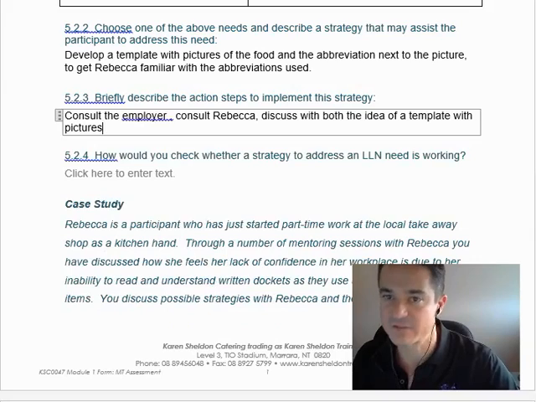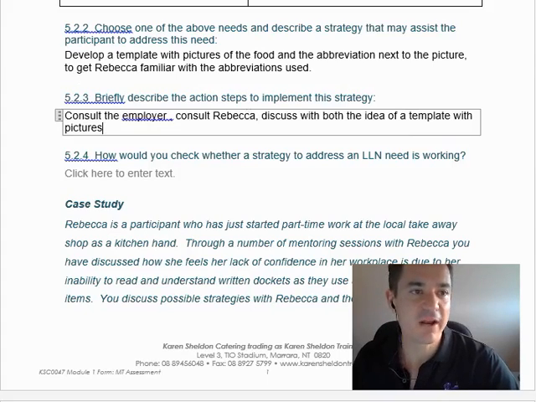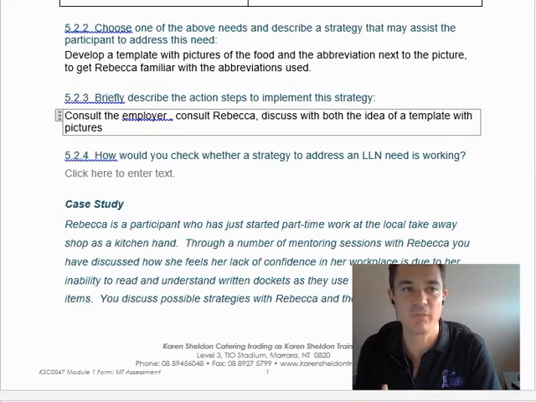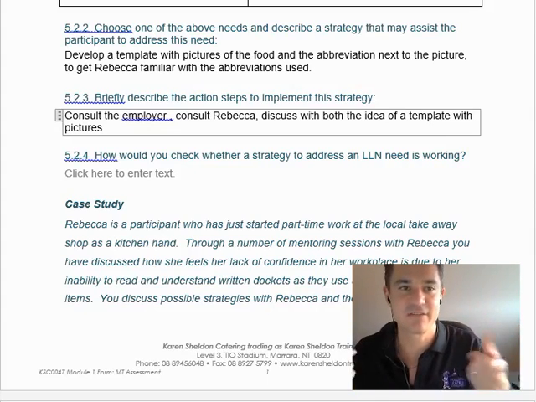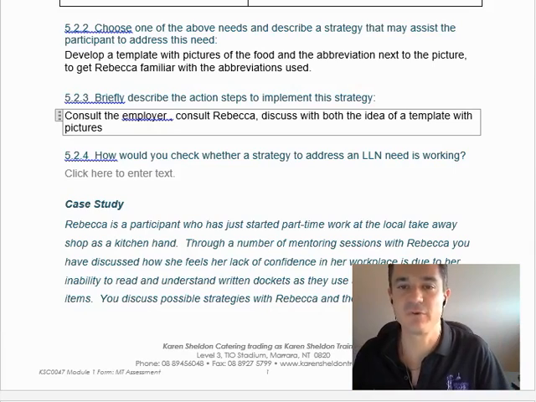Consult the employer, consult Rebecca, discuss with both the idea of whatever it might be, the template with pictures, etc., or modifying. It could end up being familiarizing the participant with workplace documents and forms, or linking with a workplace buddy, for example, linking mathematical concepts to applications. So 1 tray of eggs is equal to 2 dozen, so just ask for a tray instead of 2 dozen eggs, and so on and so forth.